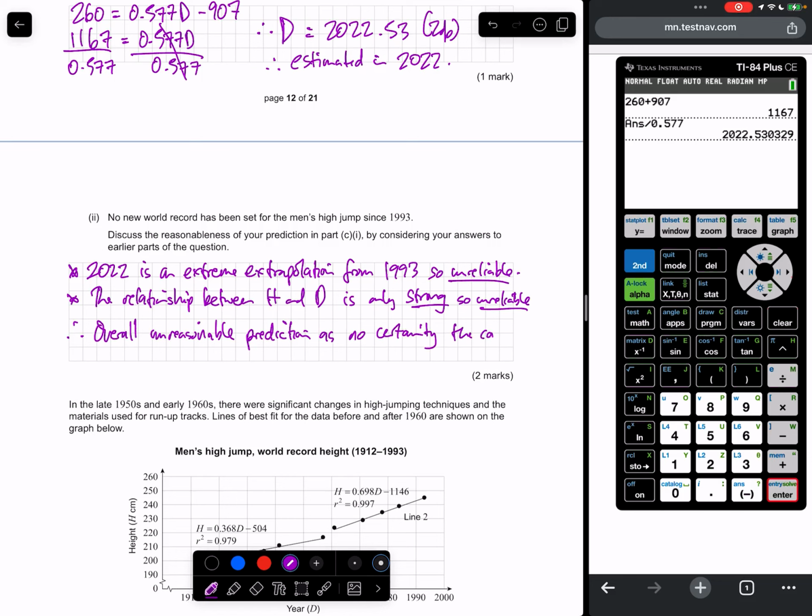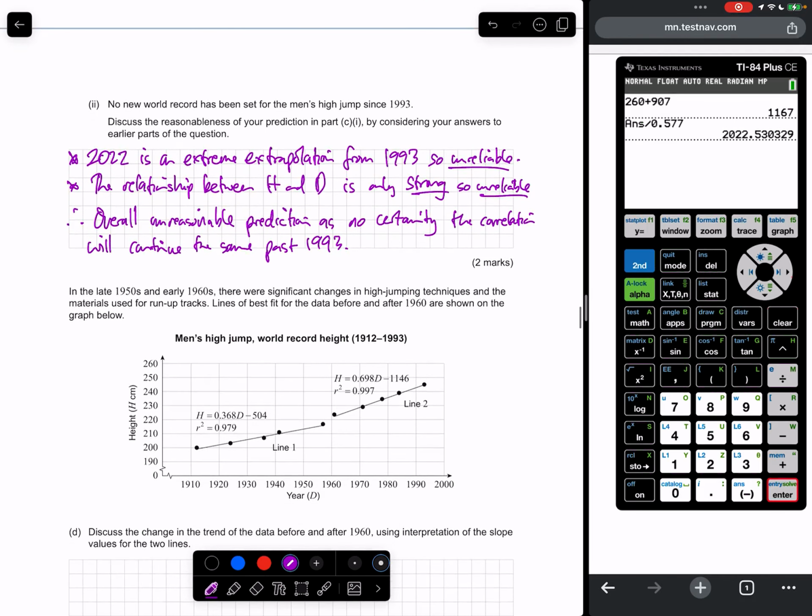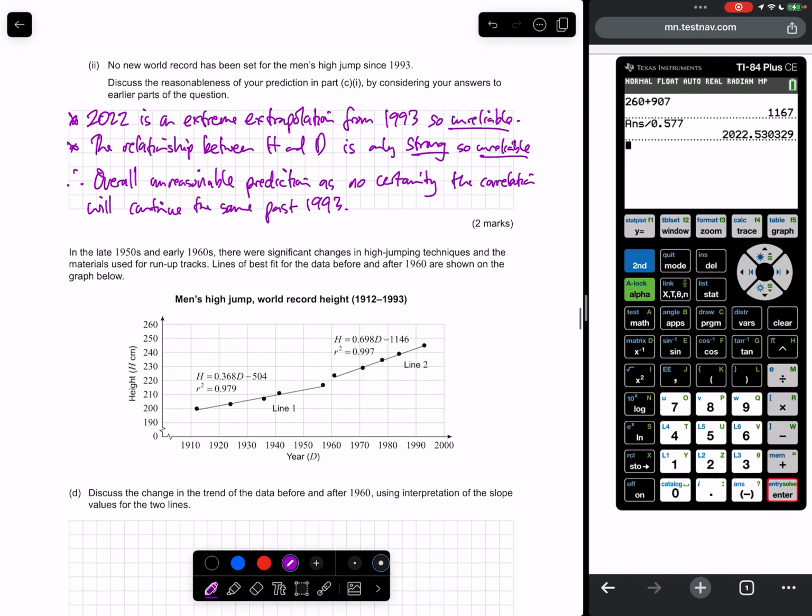The correlation will continue the same past 1993? In fact, it would probably be flattening out as we approach the limit of human ability.